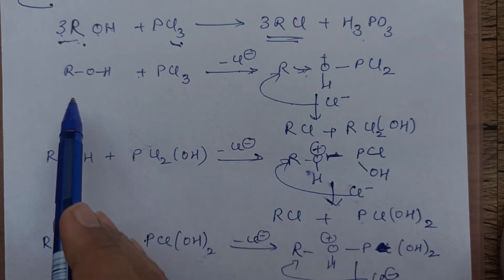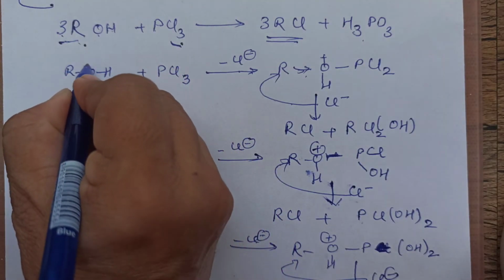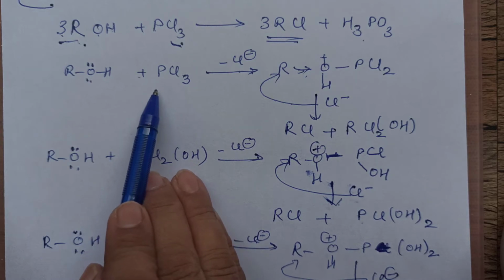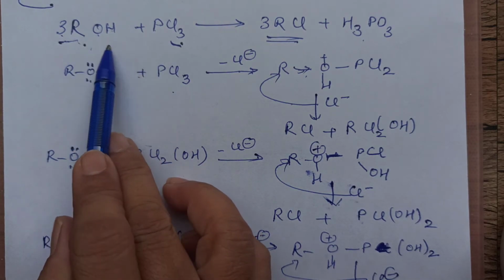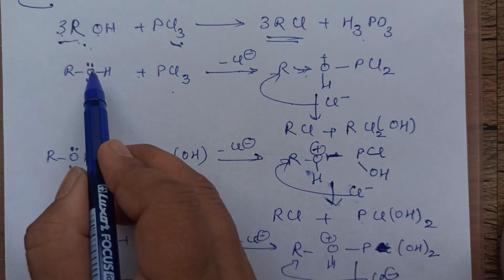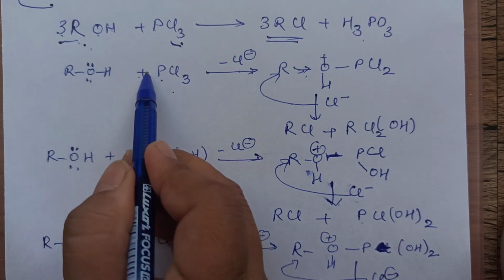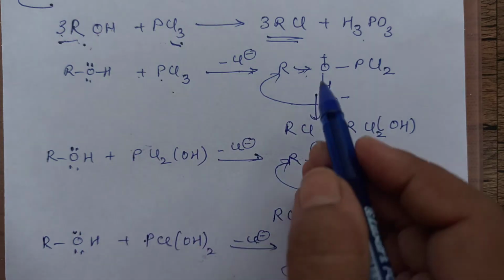So what happens is, you take alcohol, which is having of course a lone pair, and it is treated with PCl3. Again the same thing, this lone pair is given to this P. When this lone pair is given to this P, it will form a dative bond.